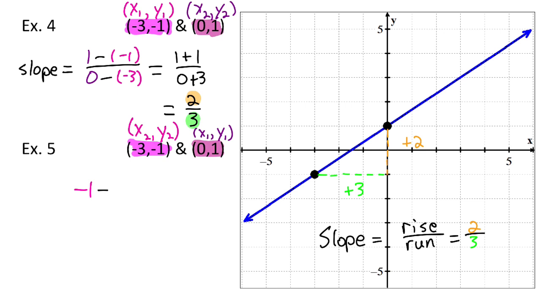And we're going to divide that by x2, which is negative 3, subtract x1, which is 0. Now when we do this, we get negative 2 divided by negative 3, and you might say, oh no, that's not 2/3, but yes it is, because a negative divided by a negative is a positive, and we see that the slope is 2/3, just as it was before.